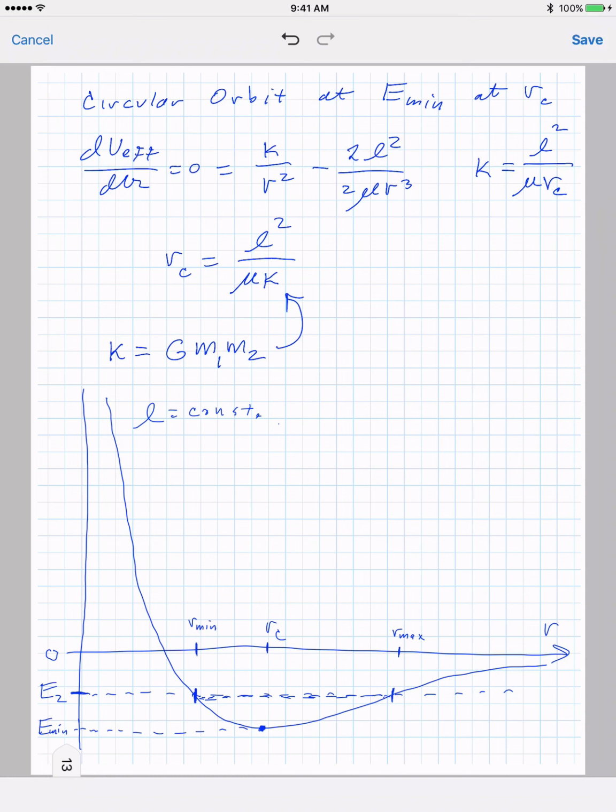Okay. Now just so that we really understand what this graph means, let's actually look at an E3 up here. All right, so what we have up here is, let's say I have a total energy which is positive. And so if my total energy is positive, then there is an R min, but there's no R max.